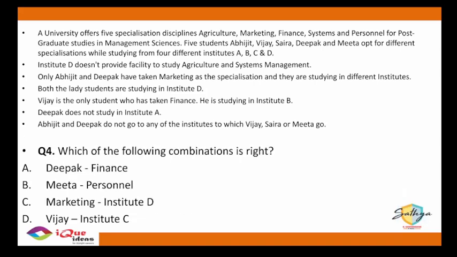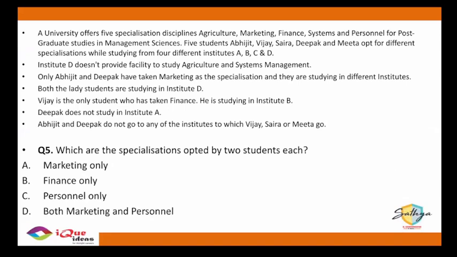Which combination is correct? Meeta and personnel. Deepak with marketing is already given in the clue, and Meeta with personnel. Right? We found both girls, Meeta and Saira, were in personnel. So Meeta and personnel is the correct combination.